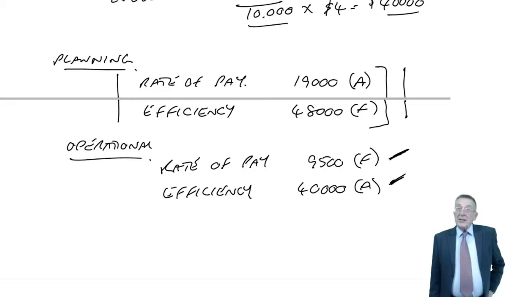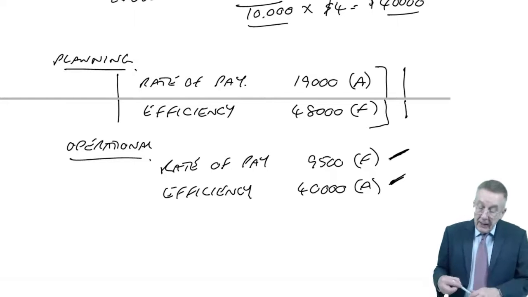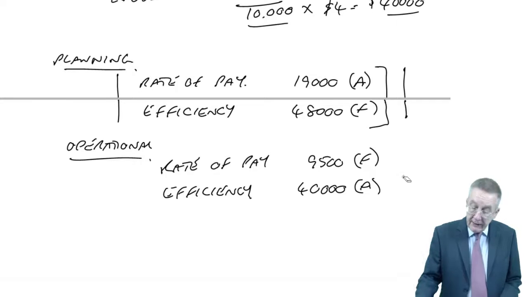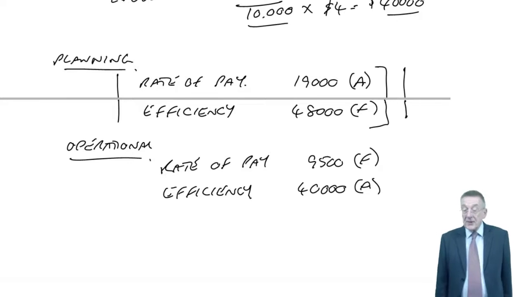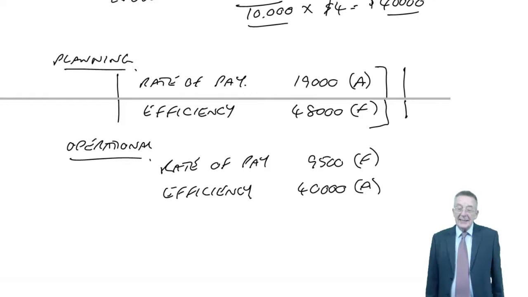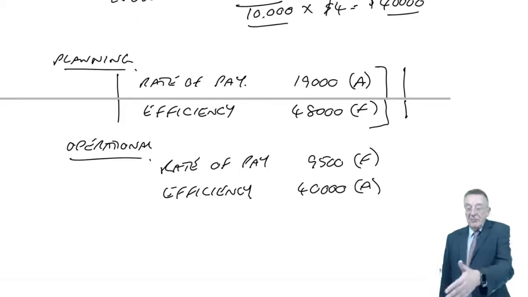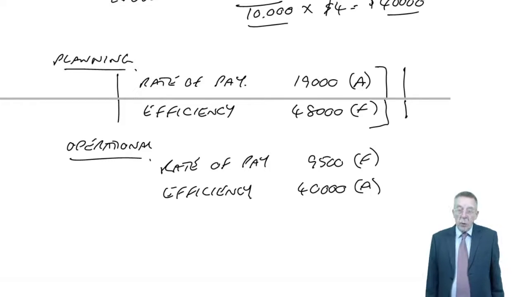However, although it looks like it was a good idea, you can add something else to it. Operational efficiency was dreadfully adverse. Perhaps that's because our plans weren't thought through properly. It looked as though it was a good idea: pay 19 but save 48.